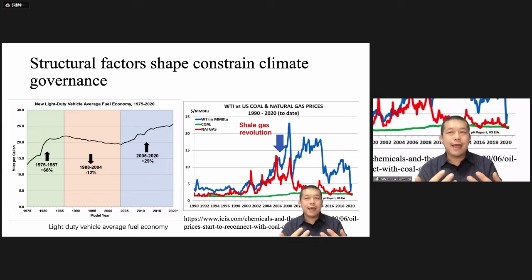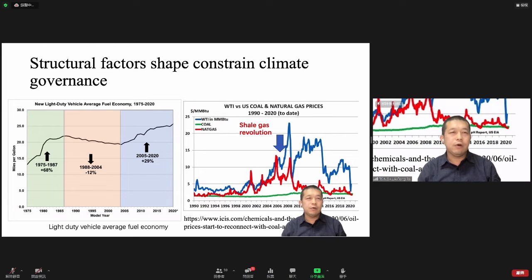If we use the United States as an example, the two most important policies the United States has adopted are, first, the fuel economy standards on light duty vehicles, which were adopted in the middle of the 2000s. You can see that after adoption, there is an improvement in fuel economy in the United States.